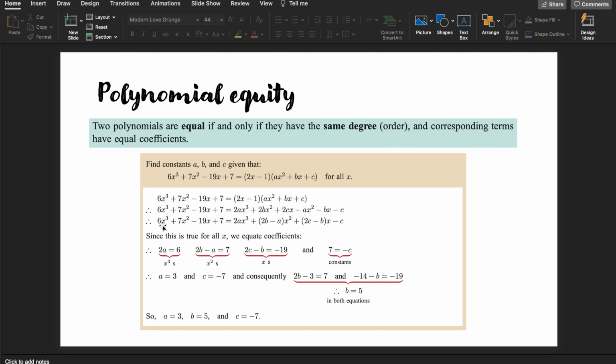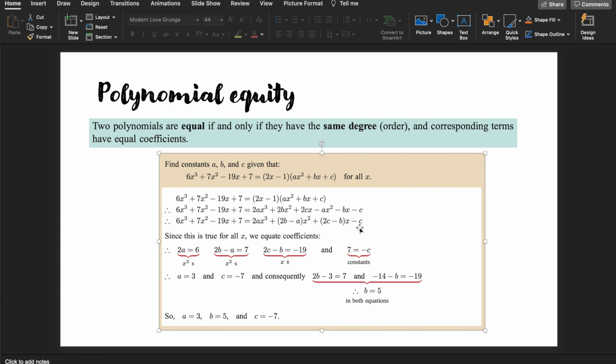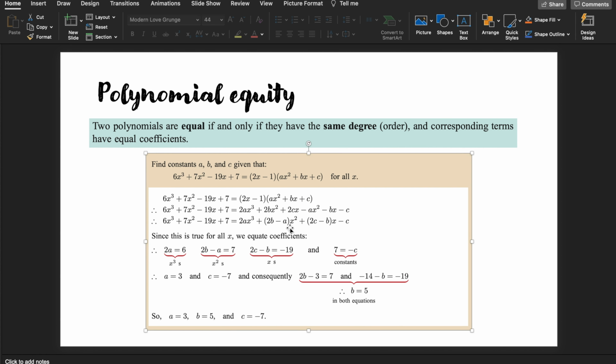So now we have 6x cubed equals to this. For now, we'll just consider this. So we can equate these two because they have the same degree. So upon equating, we get a equals 3. And then what we can do next is find the value of c, because it doesn't have any other variable related to it, in the sense it doesn't have multiple variables to solve for.